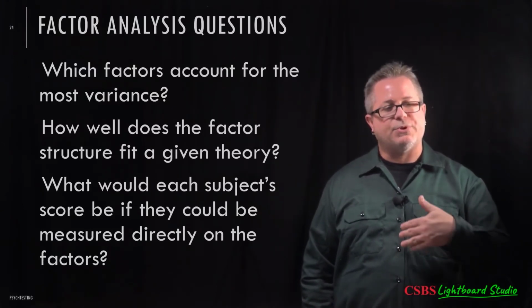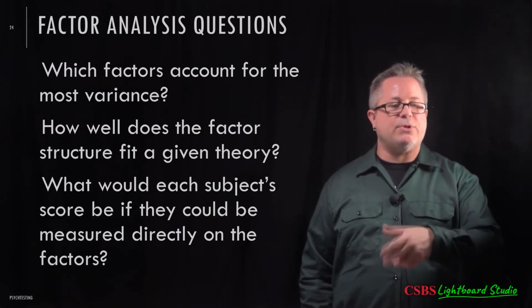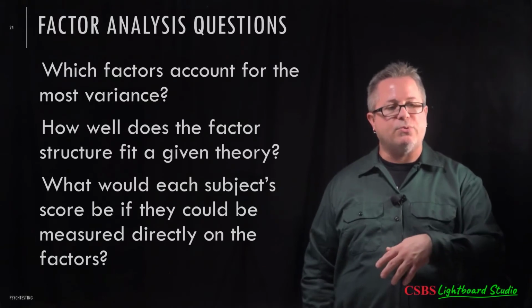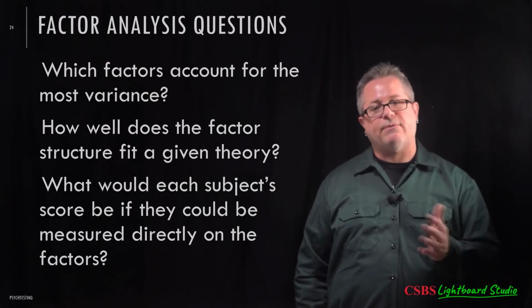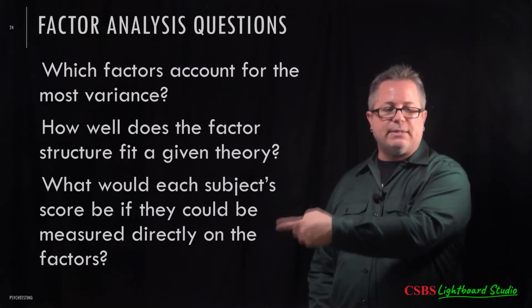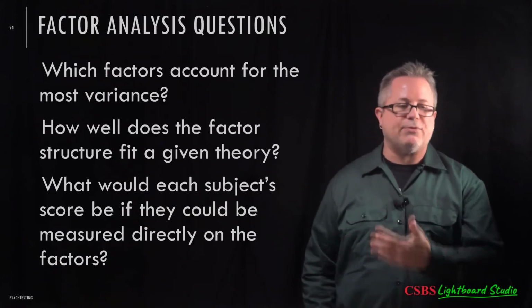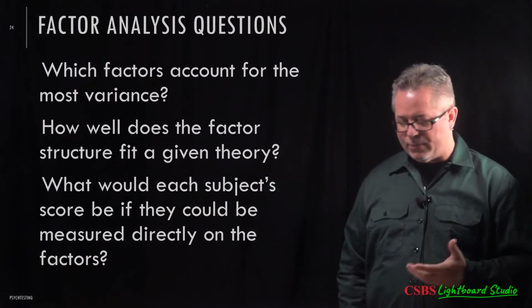So these are sort of smart composites. They're not just composites where you add the items up, but you're differentially weighting the items so that some items are used more and some other items are used less, depending on their relative importance to that factor. So we can actually estimate, or at least calculate, a value for what the person might have scored if you're able to measure them directly on that sub-factor. So that's pretty cool too.